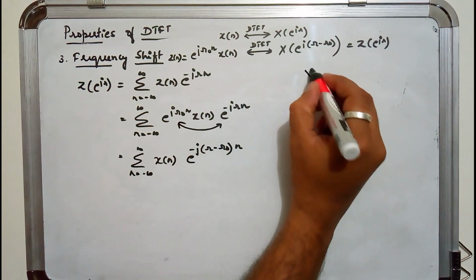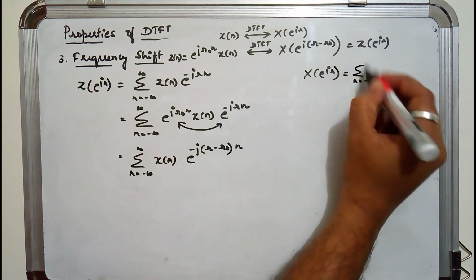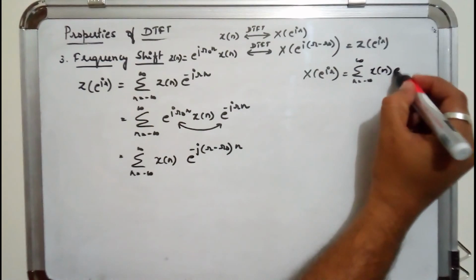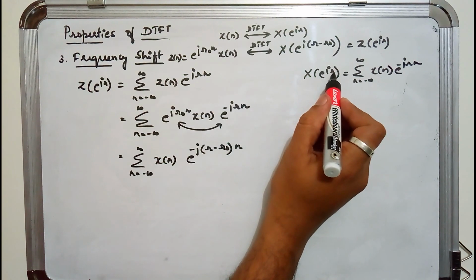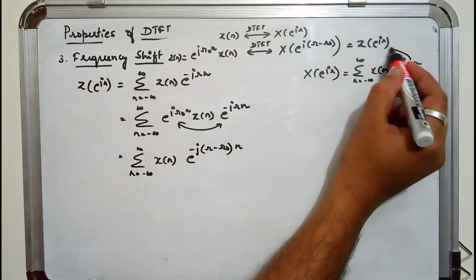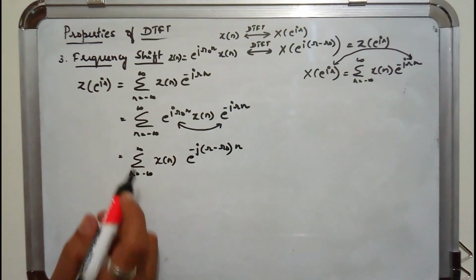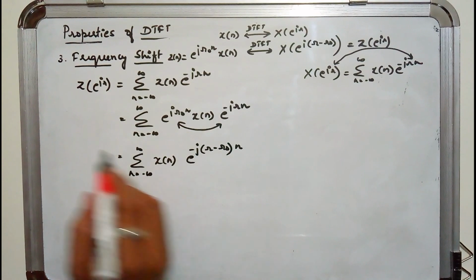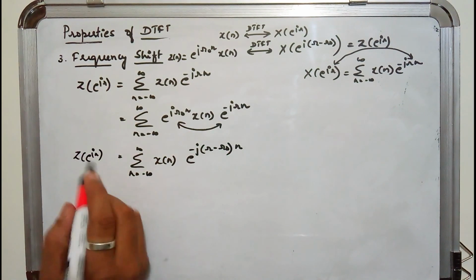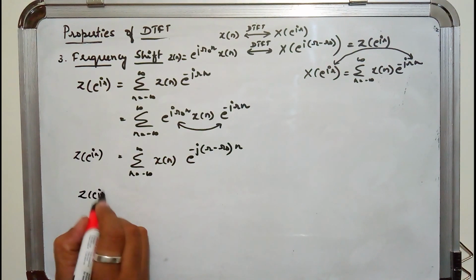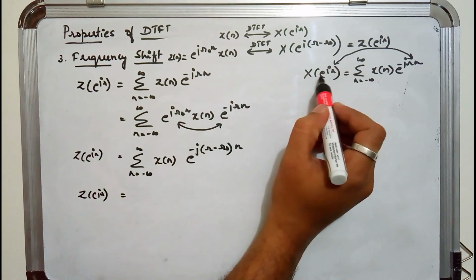So we know that x of e power j omega is summation n is equal to minus infinity to infinity x of n e power minus j omega n. That means x of e power j omega, this omega corresponds to the omega which is present here. So z of e power j omega is nothing but, if you have omega here, it will be x of e power j omega.